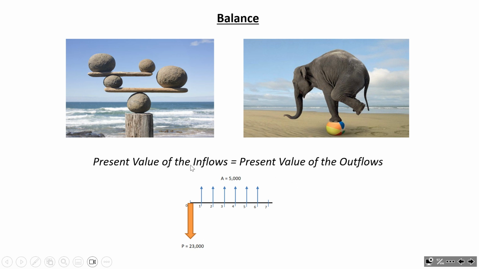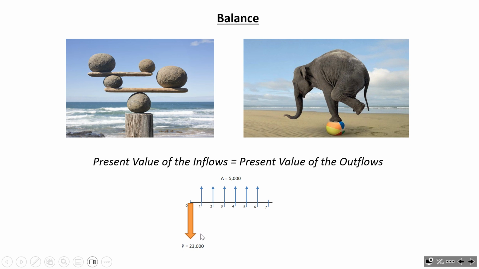How do you find the rate of return when you know what the inflows are going to be over time? So the way that you find the rate of return is you discount these inflows to the present, and you have to find out what interest rate would make it equal to 23,000.